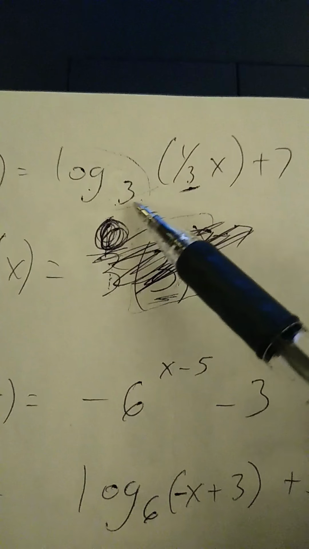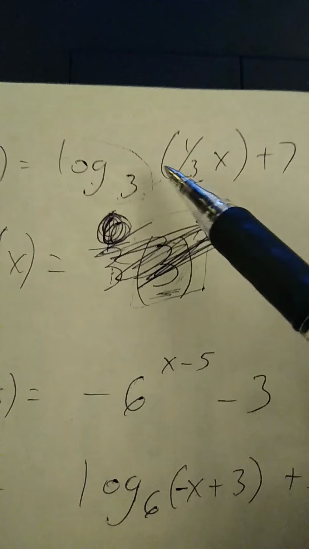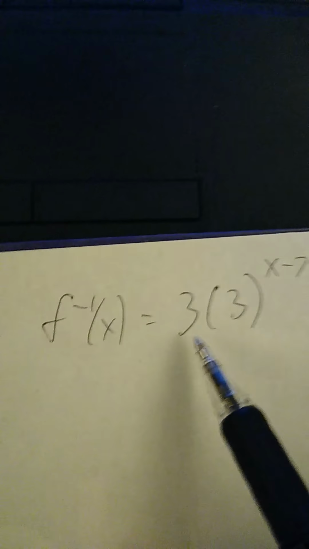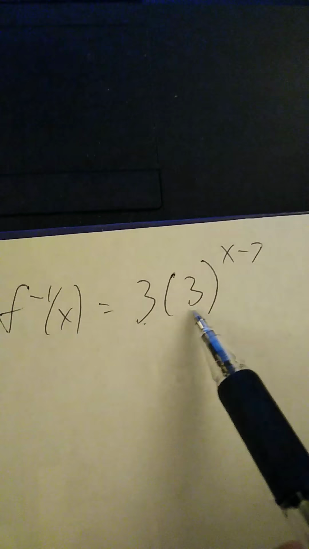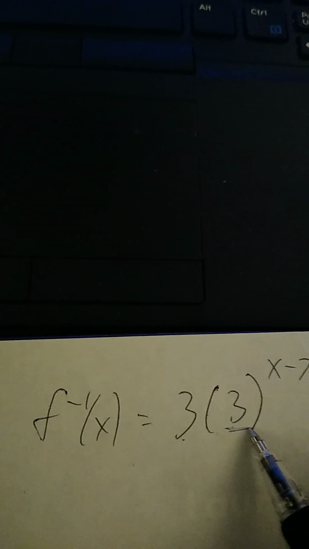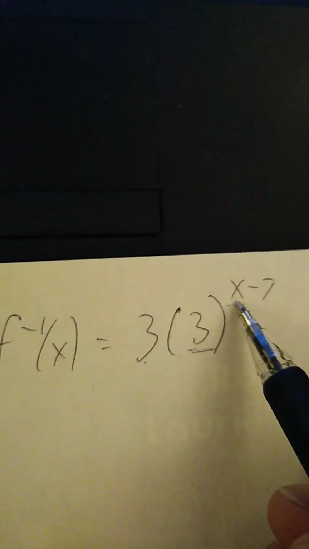So first of all, I have f of x equals log base 3 of 1/3 x plus 7. That means I have a logarithm in base 3. So the inverse of a log in base 3 is an exponential in base 3.